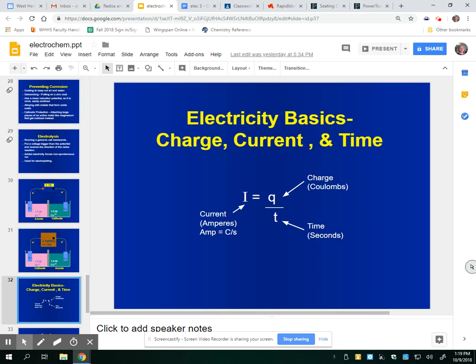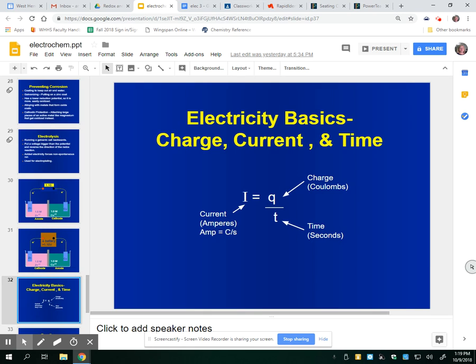Now, you need to spend some time making sure that you recognize what each of these variables stands for. This equation is given on your reference tables. I know there's not a lot that's given, but this one absolutely is, but you got to know how to work with it.